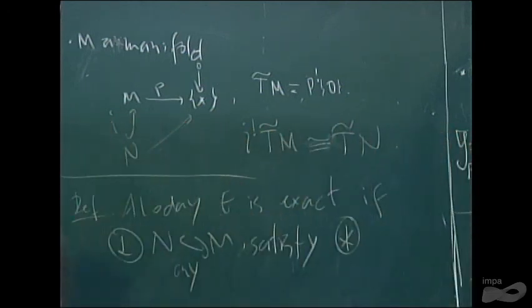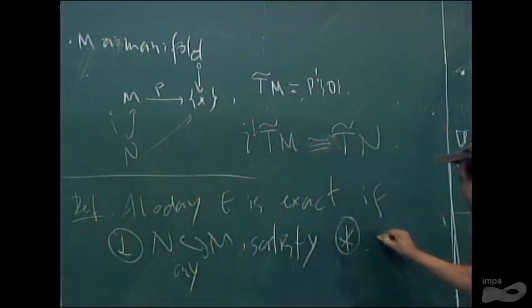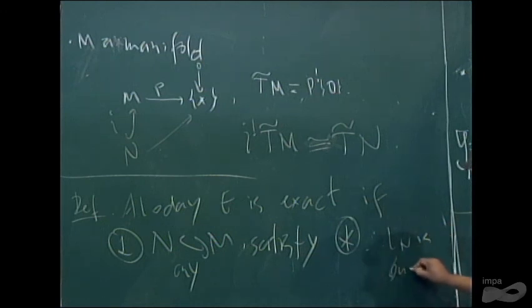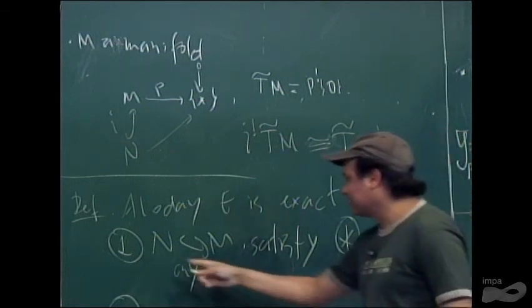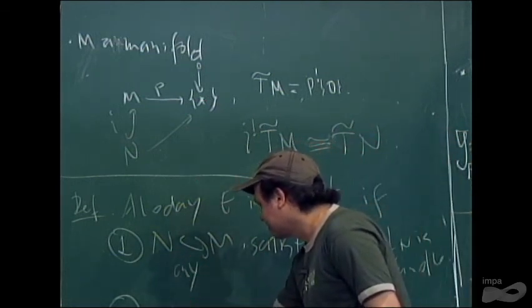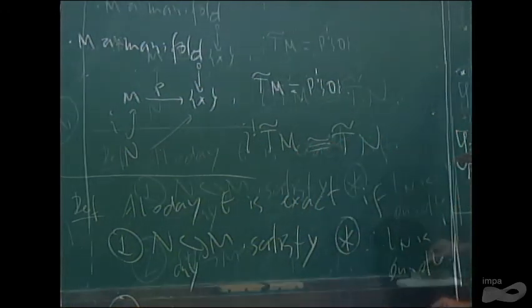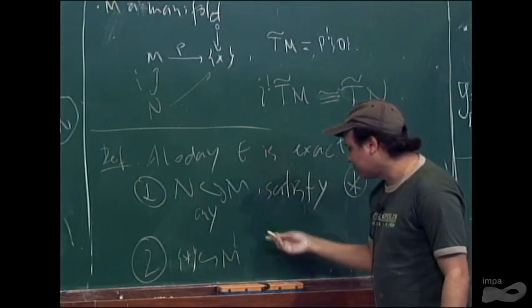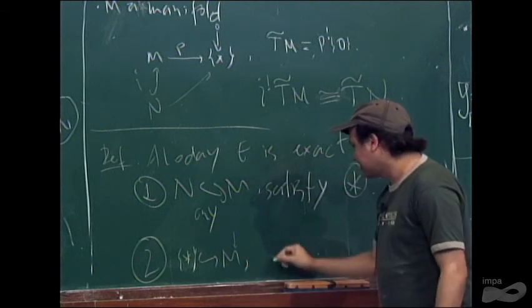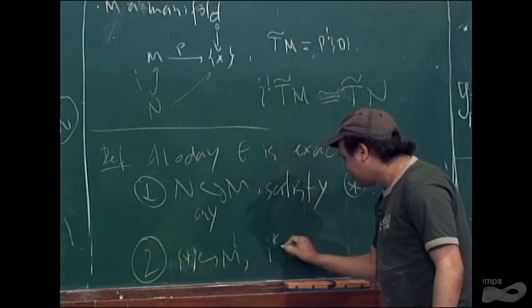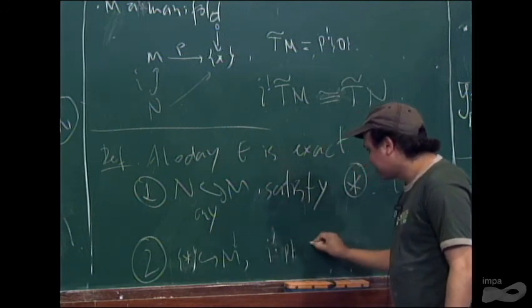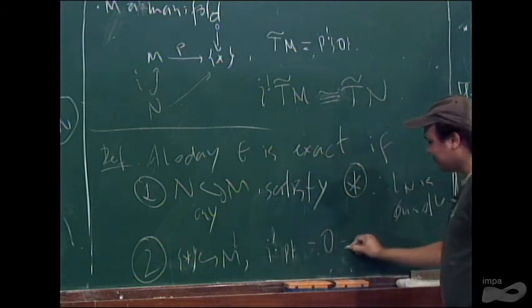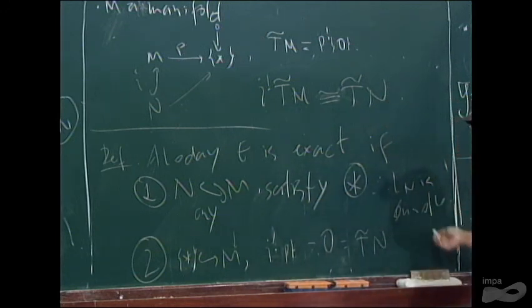This means that this thing here is a subbundle. It's always a bundle. And the second is that every submanifold is a bundle. For example, points are the pullbacks of points. You can calculate the pullback of points. And then the second one is that the pullback of points is going to be 0. You want the tangent space of points to be 0.